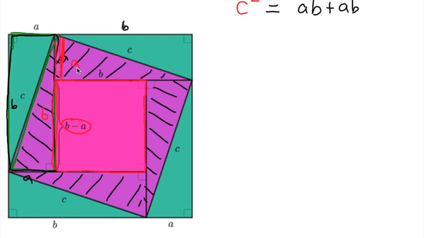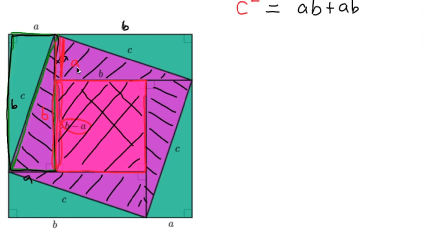So we can deduce that the side length of our square in the middle is b minus a. To calculate the area of that square in the middle, we have (b minus a) squared, b minus a times b minus a. So we're going to put plus (b minus a) squared there. Now we've got all the different component parts of that larger square, c squared.